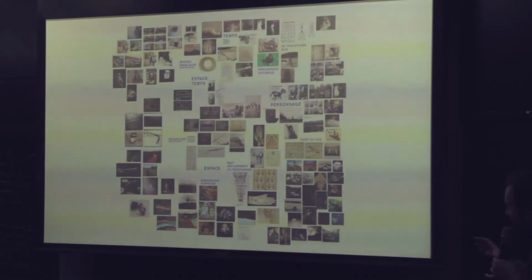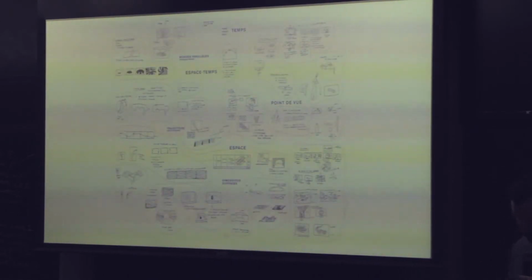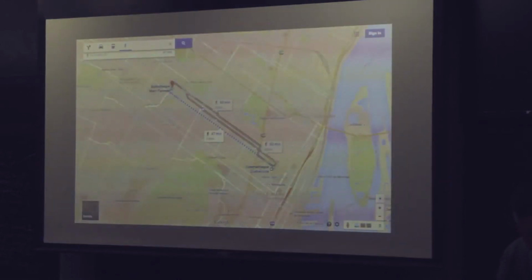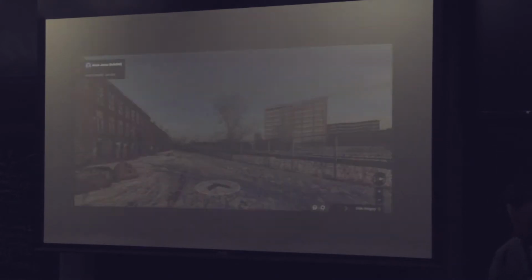So again, putting together big conceptual axes and saying, okay, we have time, we have a space, we have a character, who is the protagonist, what is the point of view, and just collecting intuition and creating maps and then mechanics. There was also this idea that the way we relate to space has changed over the last couple of years, and that way of seeing an environment is familiar.